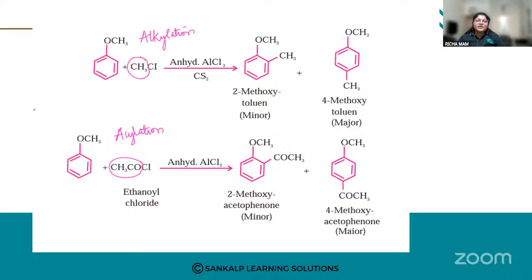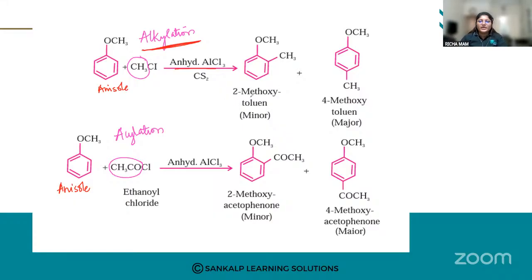Now here, we have anisole, which is an ether. We are going to react it with an alkyl group. It undergoes Friedel-Crafts alkylation in the presence of anhydrous AlCl3 and carbon disulfide.